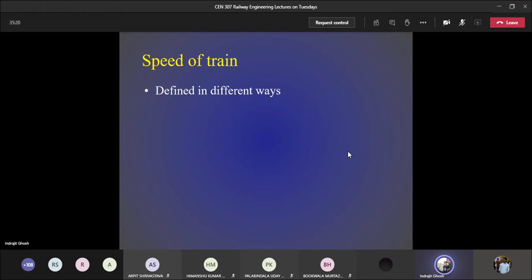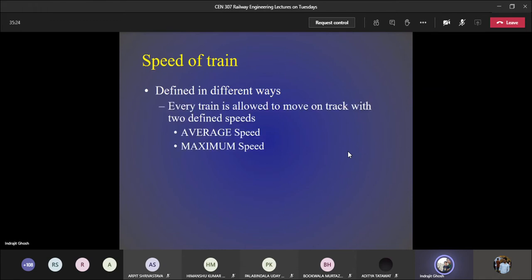Speed for railways is defined in many ways. When you talk to a person who is not a civil engineer, they will tell you something related to average speed. The second one is maximum speed. Say the train was going very slow, so you ask what is that speed?